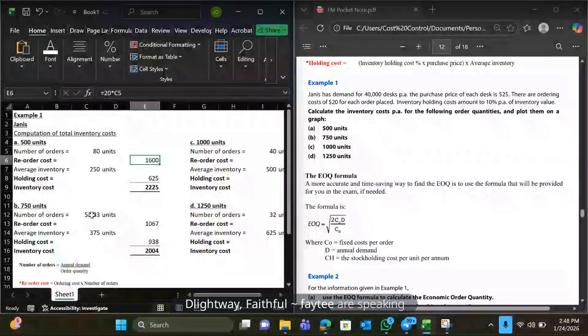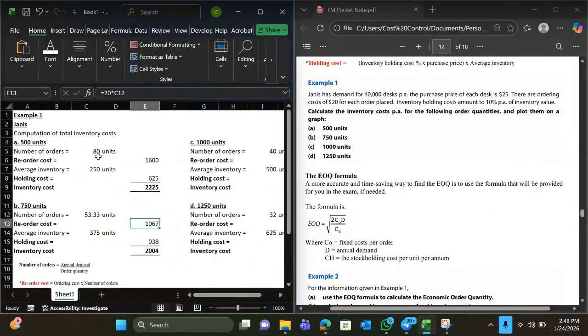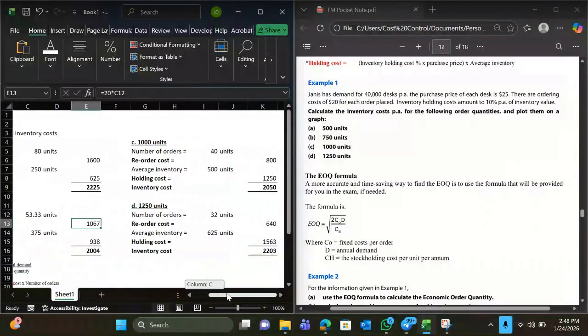When it is low, it reduces. That one is clear, right? Yes. Okay. I'm trying to justify the holding cost.